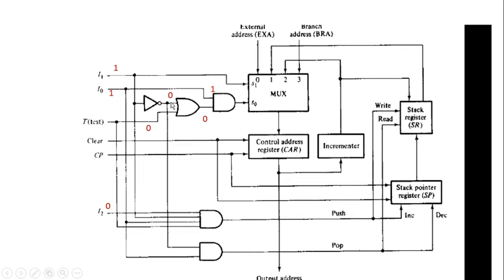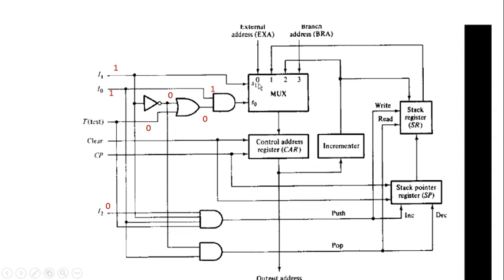For this particular OR gate, one input is 0, because I1 equal to 1 and its complemented form is 0 here. The test input is already set as 0, so its OR operation generates 0. So the other input of this AND operation is 0, so it generates a value 0 here.